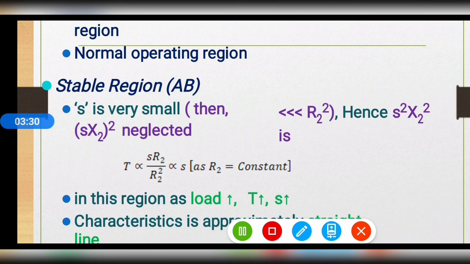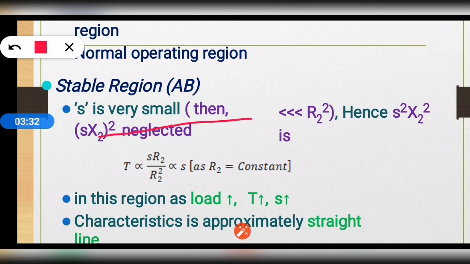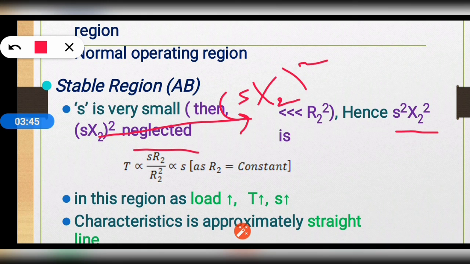This sX2 square term is negligible in comparison to R2 square, therefore the sX2 term can be neglected, and in the denominator we have only the R2 square term.